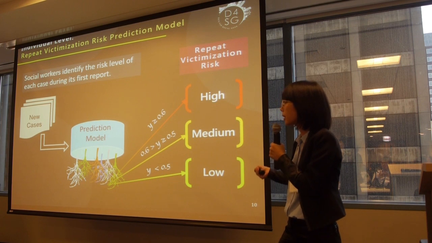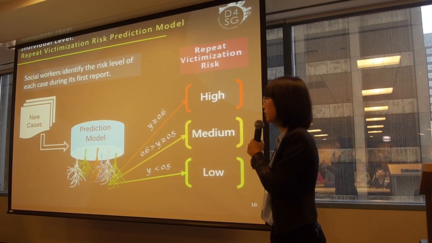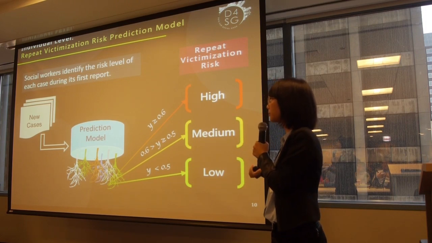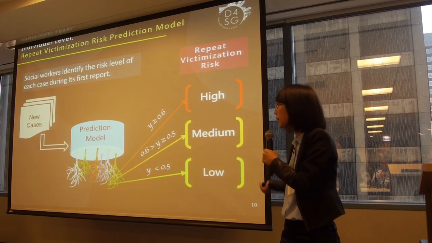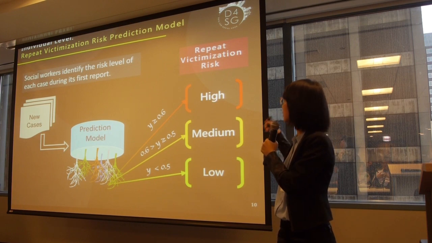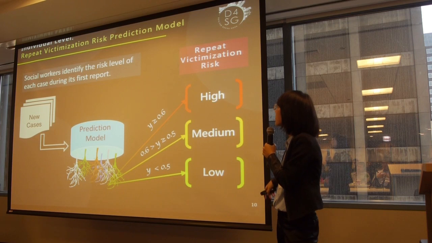And how do we use our model? We are building a system for social workers. When a case first comes in, they can type some information about the case into this system. And the prediction model will instantly give them the risk level: high, medium, or low.